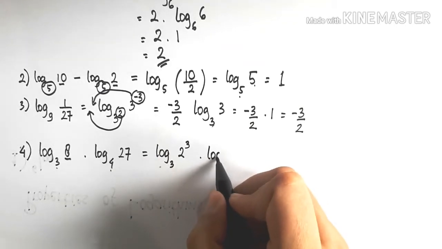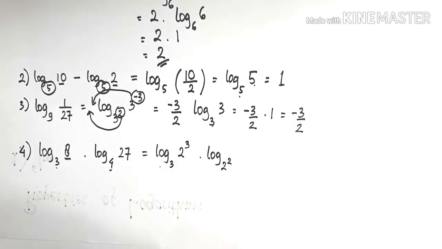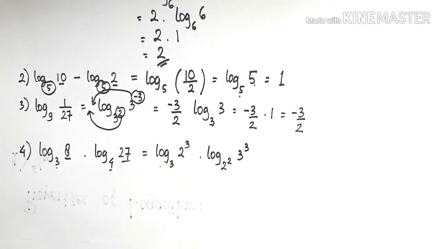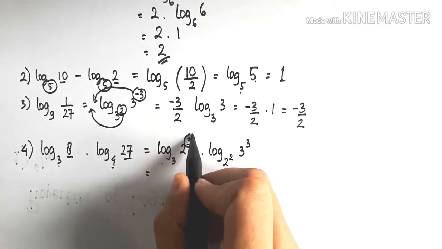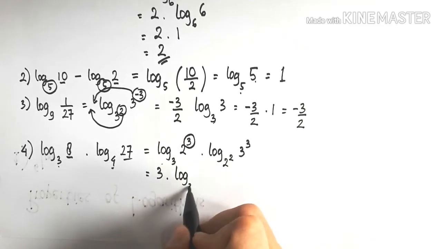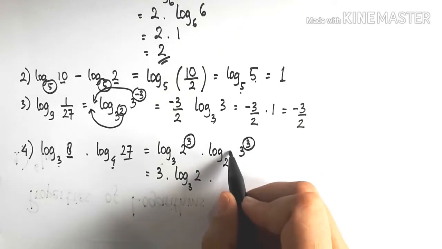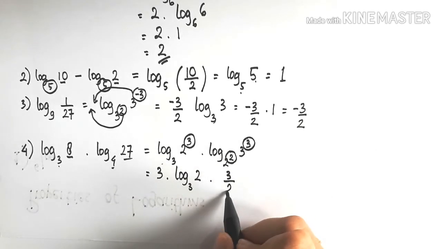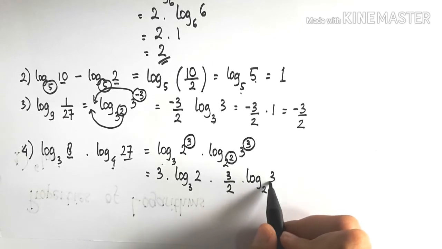And then 4 here we change into 2 squared. 27 equals 3 cubed. Okay, next we move the exponent 3. 3 times log base 3 of 2, then here we have 3 and 2, move in front of the logarithm. 3 over 2 times log base 2 of 3.